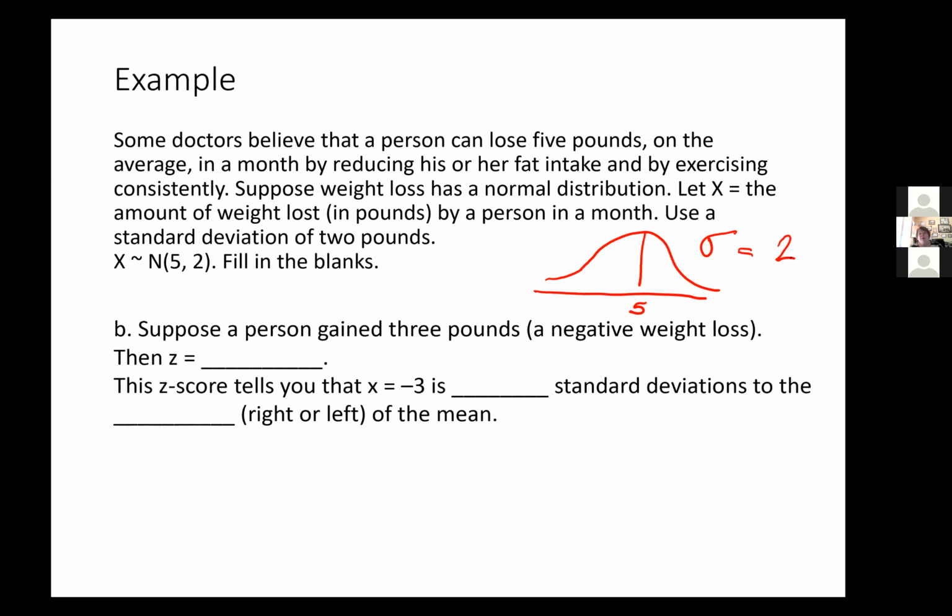Would that be correct? So if we look at weight loss as a positive quantity, so if I lose 5 pounds, that's to the right of the mean. If I gain 3 pounds, then that is a negative weight loss. So what's the z-score? So our x would be -3.